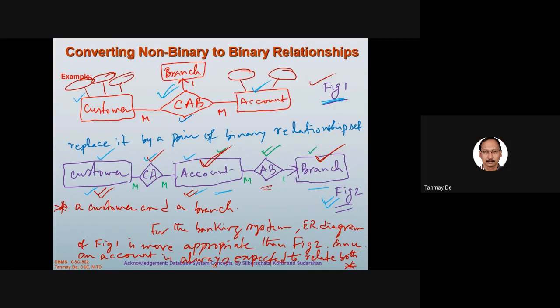Figure 2 may reflect the joint account, but the problem is that sometimes the account is not associated with a branch but only with a customer. Maybe the account is held by joint customers but does not associate with any branch. That is the problem in figure 2.